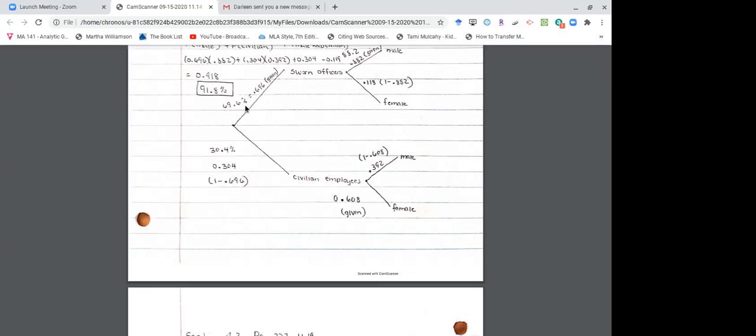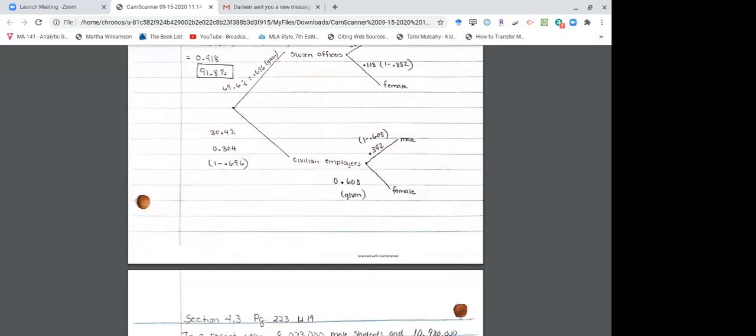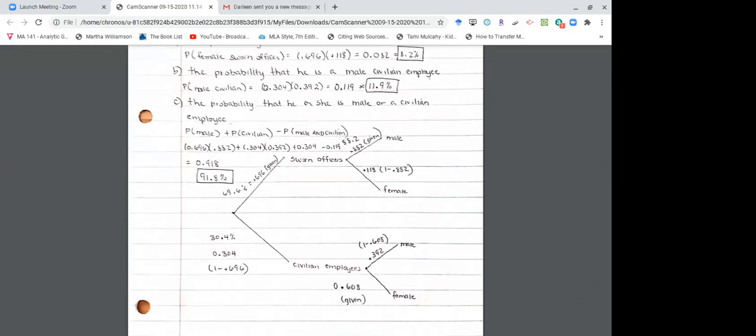So 69.6% plus 30.4% equals 1. 88.2% plus 11.8% equals 1. 39.2 and 60.8 equal 1.